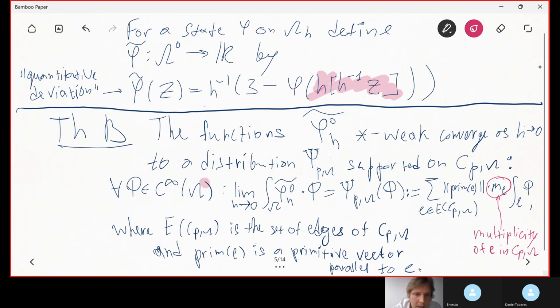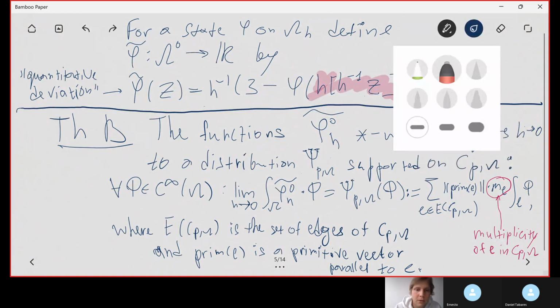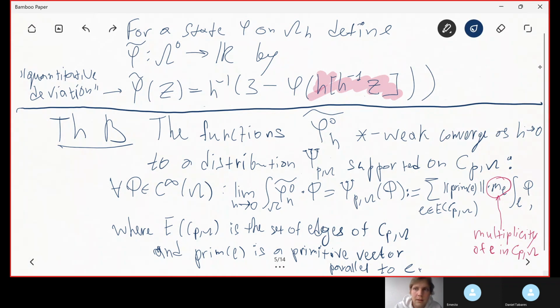Let me say here again that we actually need to tell that it's on the interior, so that for any test function, the limit of the integral of the product of this tilde, this quantitative deviation, with phi, is the integral over the tropical curve, where you actually recover the multiplicities.